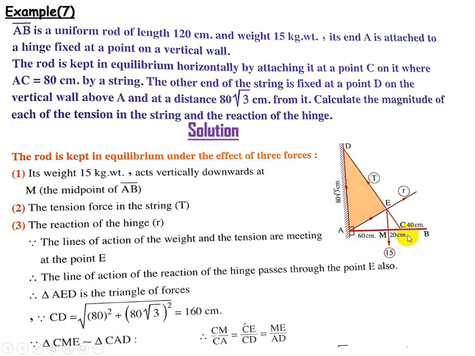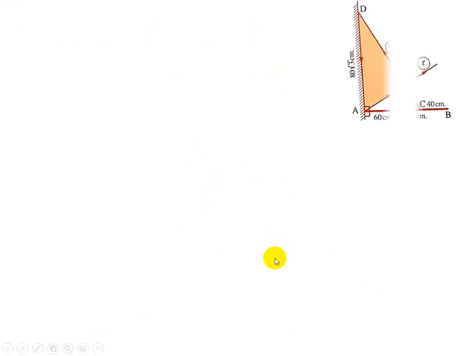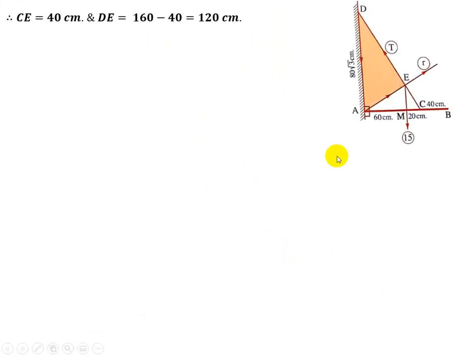The triangles CEM and CDE are similar because EM and DE are parallel. So CM over CA equals CE over CD equals ME over AD. From this relation, we can get the length of EC, which means CE equals 40 centimeters.